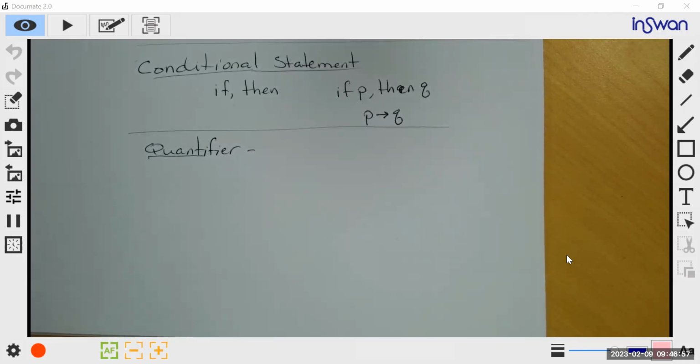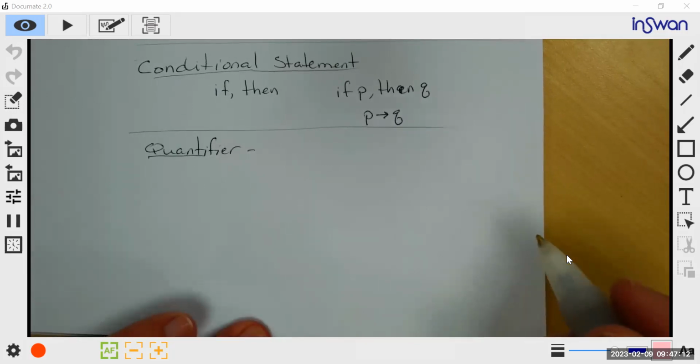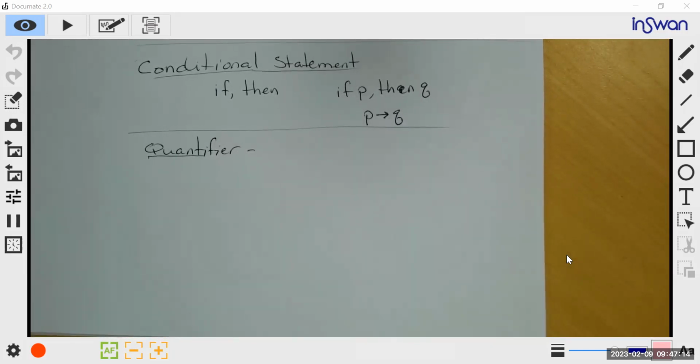Quantity, quantify. So what does a quantity mean? How many? Yeah, you're putting a number on something. That's what this is. Quantifiers are you're putting numbers, not actual numbers, but theoretical numbers.